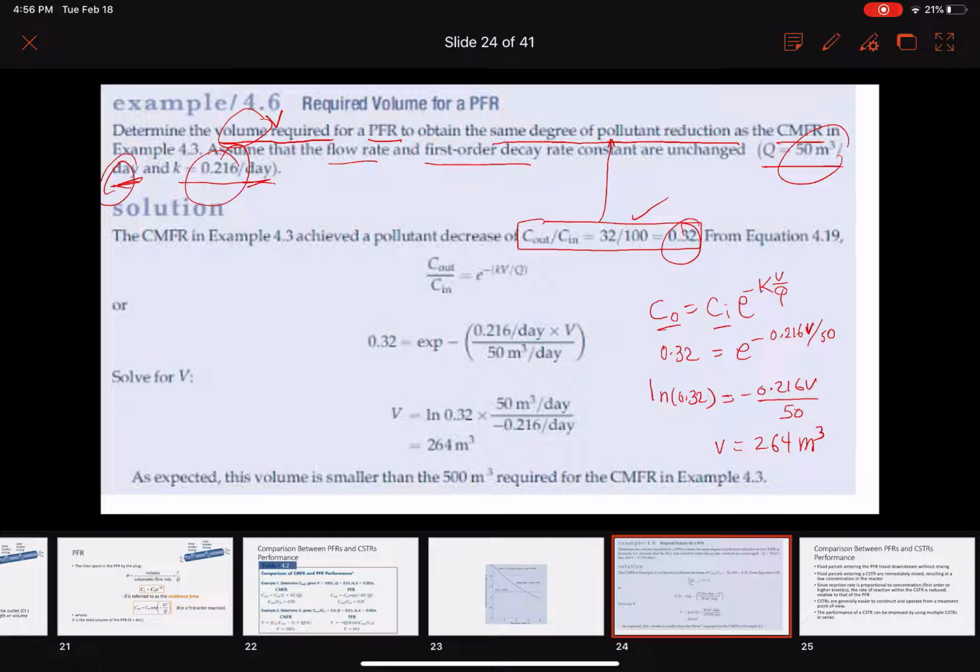So the volume for this plug flow reactor that will give you the same treatment, 0.32, is 264 meter cubed. This is expected, because the plug flow reactor needs a small amount of volume, while the CSTR or CMFR needed 500 meter cubed. Hopefully this problem is clear. Let's go to the next slide.